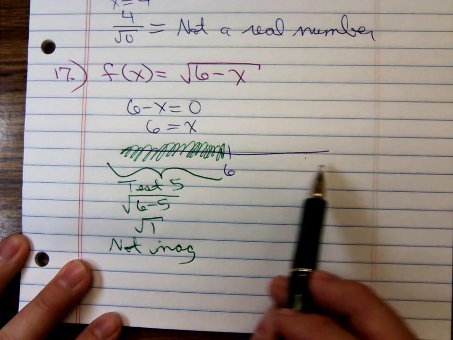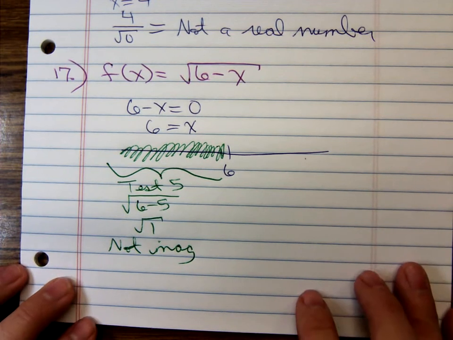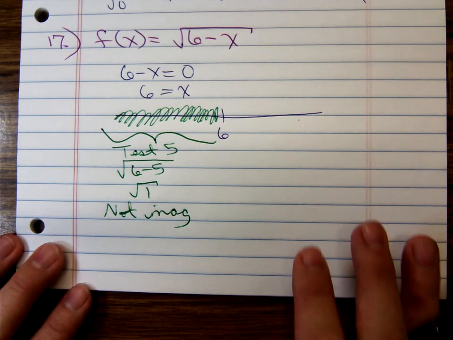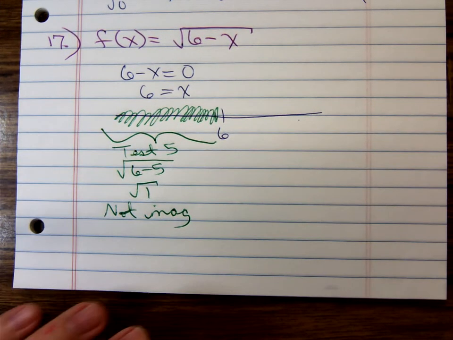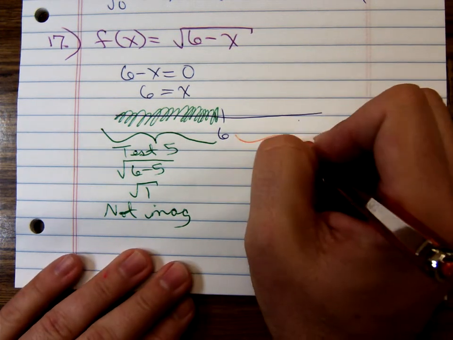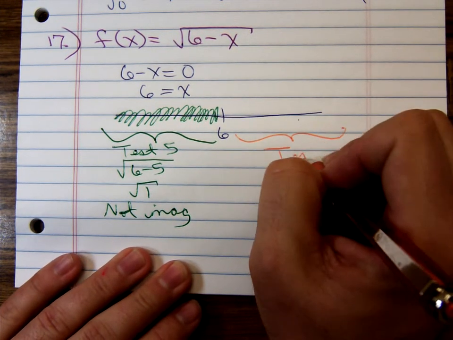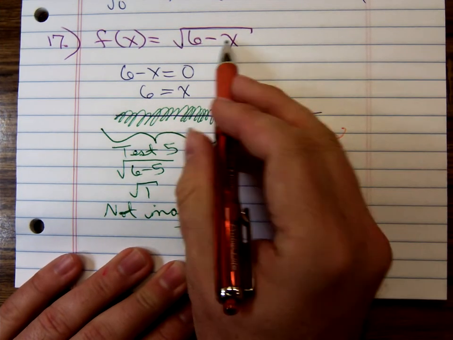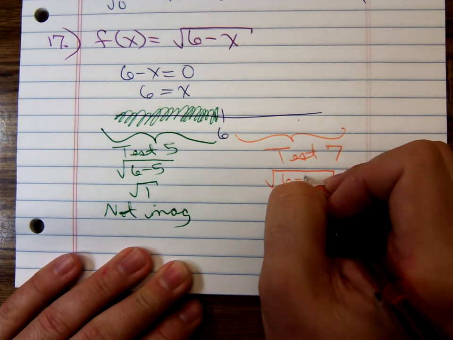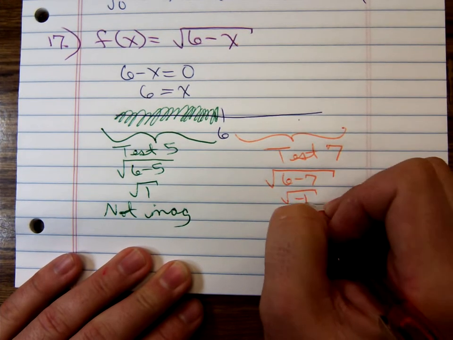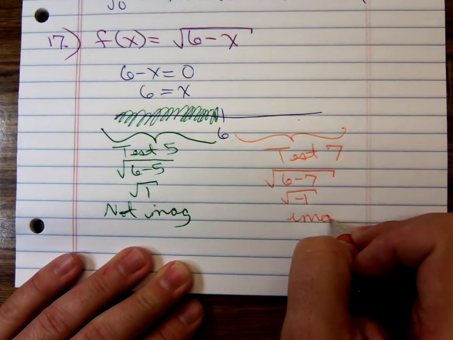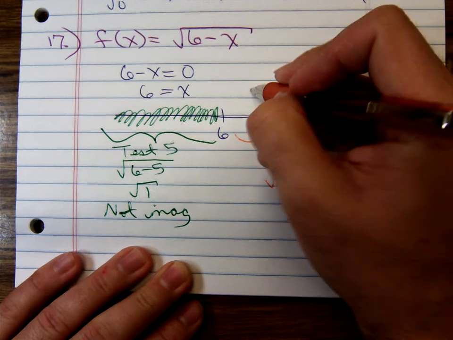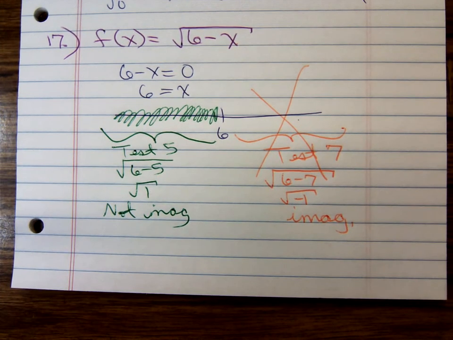But what's going to happen to the right of 6? Say if we use 7. We'll get an imaginary number, and you can test that and see for yourself. 6 minus 7 gives us the square root of negative 1, and that is imaginary. So we don't want that side.